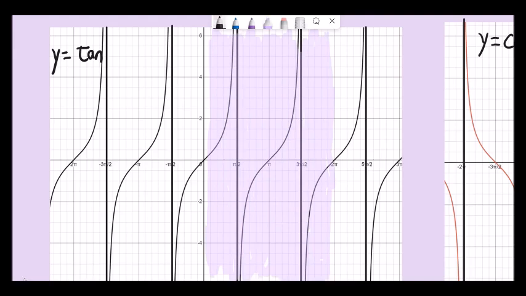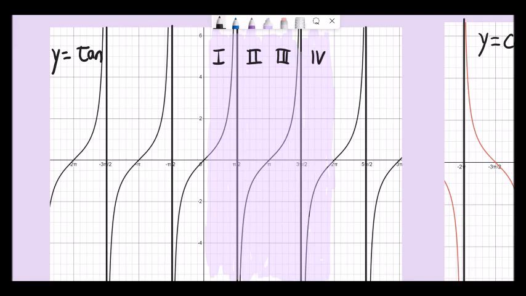So this is the first cycle, and we can see this is representative of quadrant 1, and you can see it's positive. Then it's undefined once it gets to pi over 2, and then it continues on to quadrant 2 where it's negative. Then in quadrant 3 it becomes positive again, and finally in quadrant 4 it becomes negative again, and this cycle would just repeat.